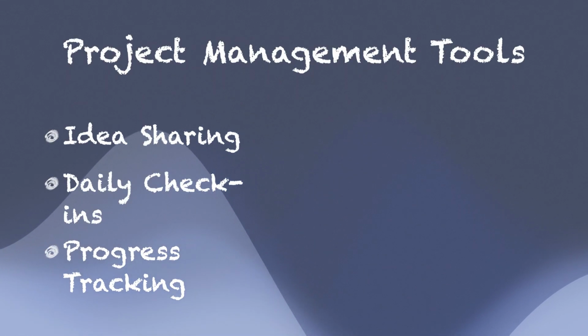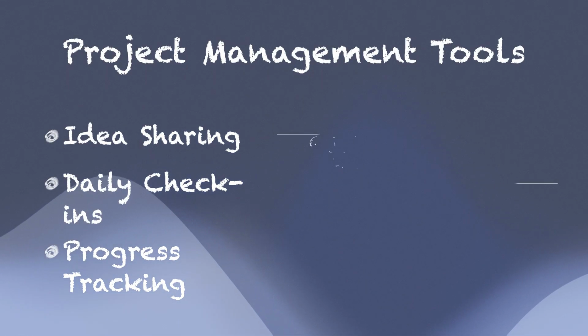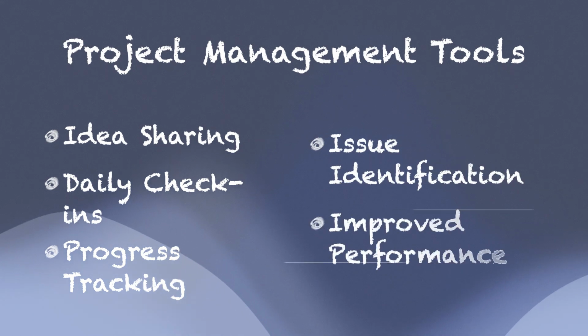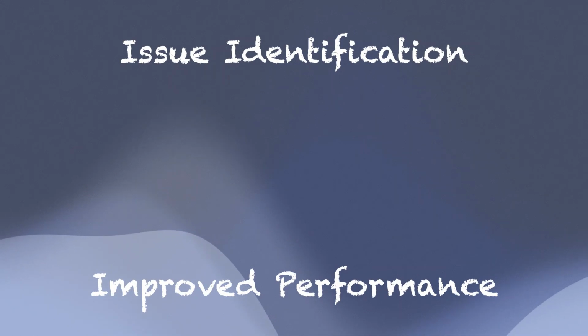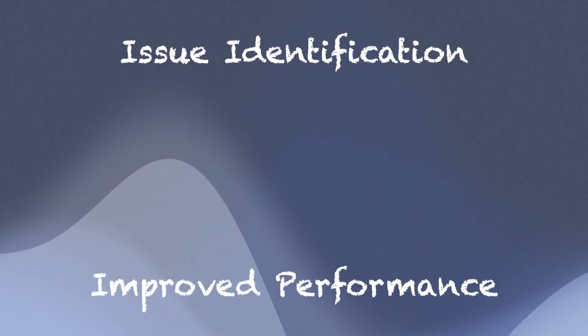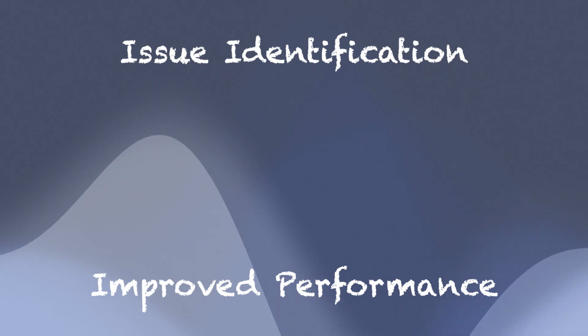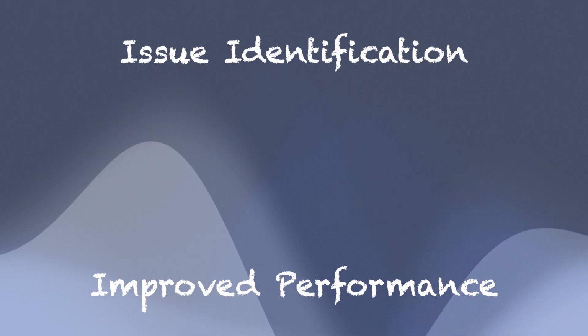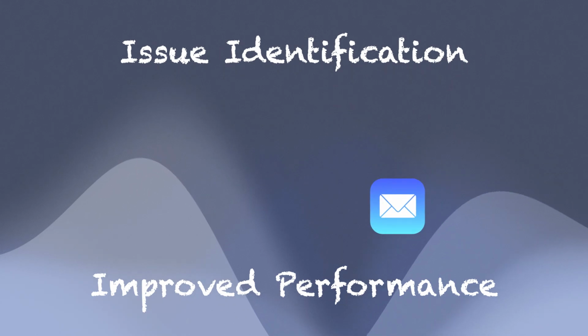And finally, we have issue identification and improved performance. Aligned with progress tracking, by knowing how the tasks and progress are going, the manager can easily not only predict issues, but also pinpoint where in the pipeline they are or will be happening.